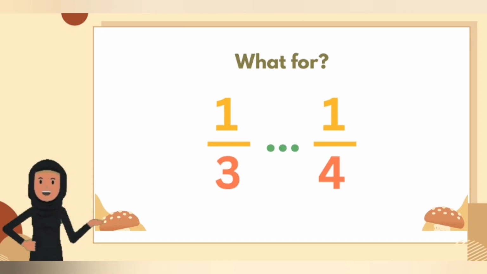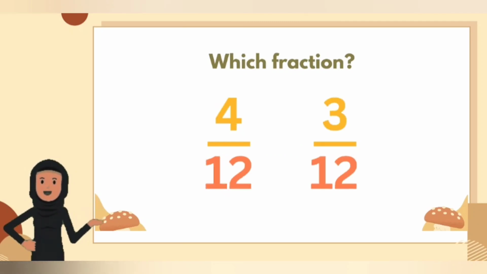So, 1 per 3, if we change the denominator to 12, would be 4 per 12. And also for 1 per 4, if we change the denominator to 12, the fraction would be 3 per 12. So, we can conclude that 1 per 3 or 4 per 12 is more than 1 per 4 or 3 per 12.